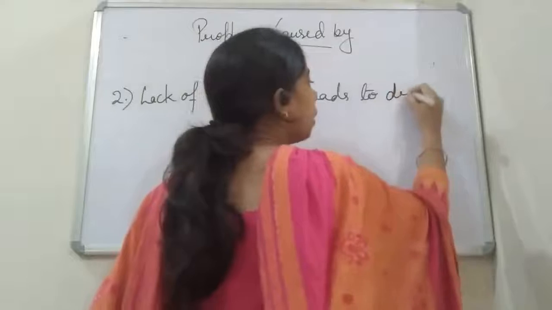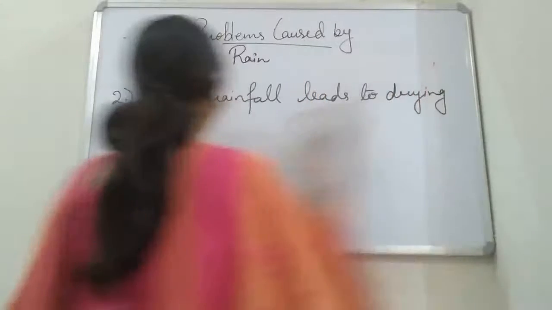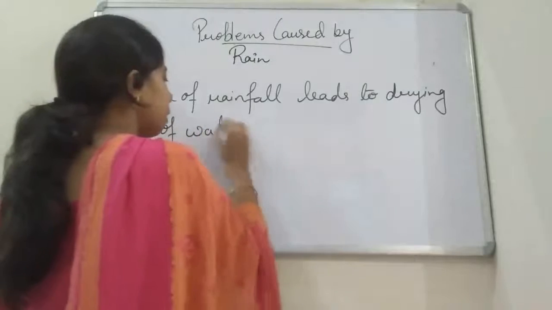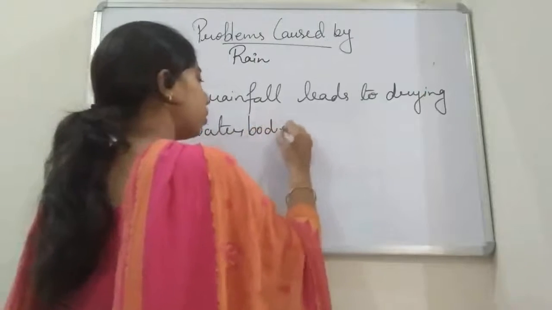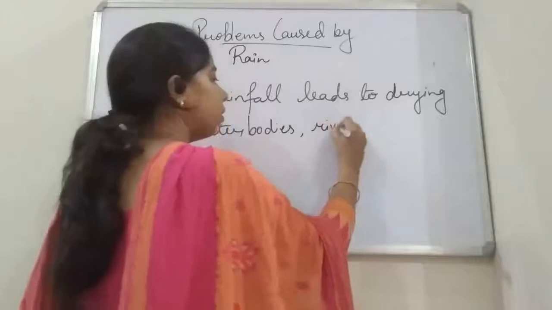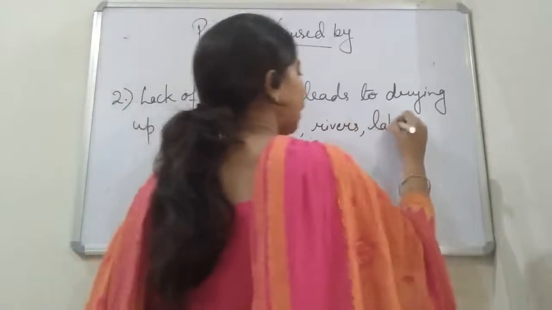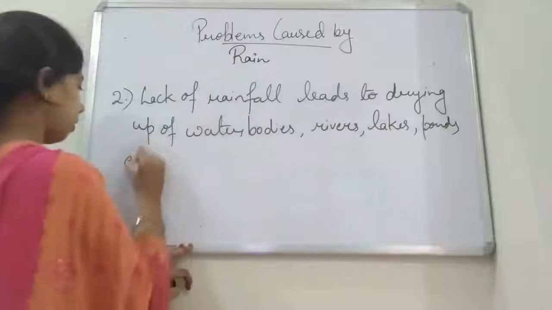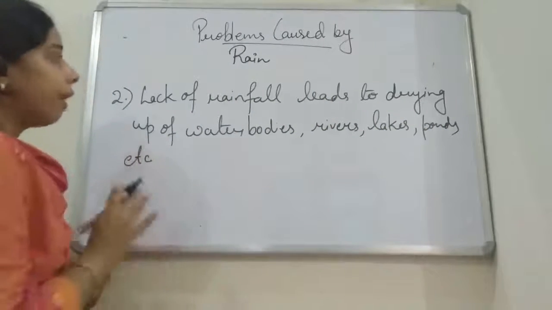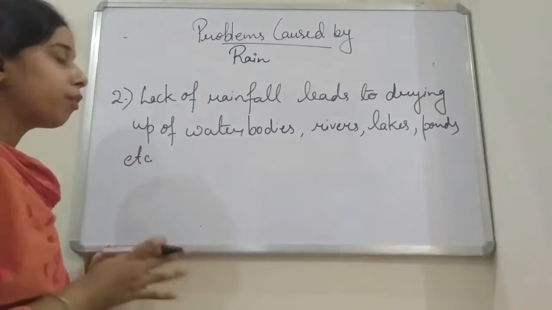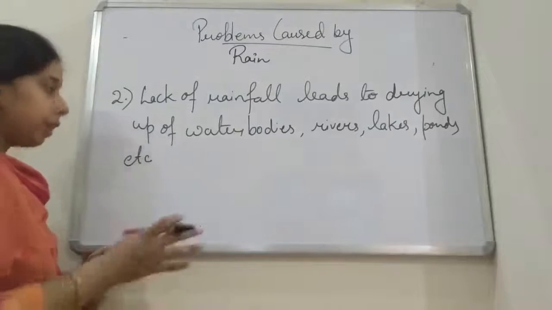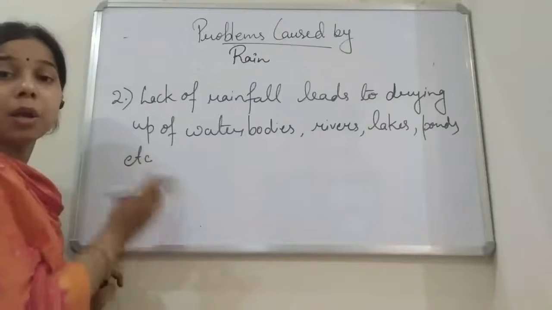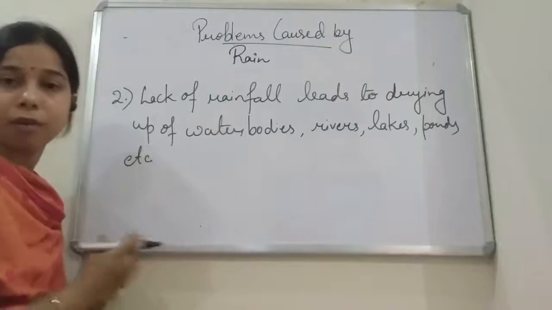Lack of rainfall leads to the drying up of water bodies, which include rivers, lakes, ponds, etc. And you know, students, that these are important sources of water for us.